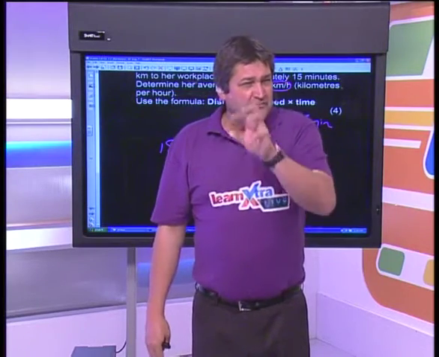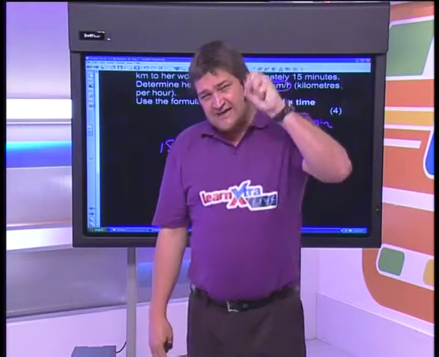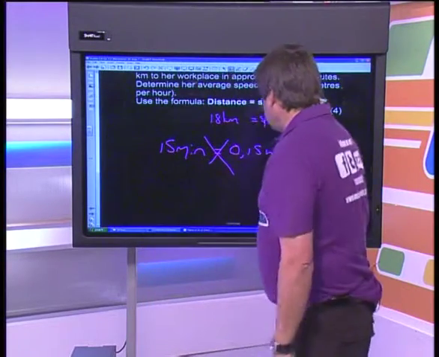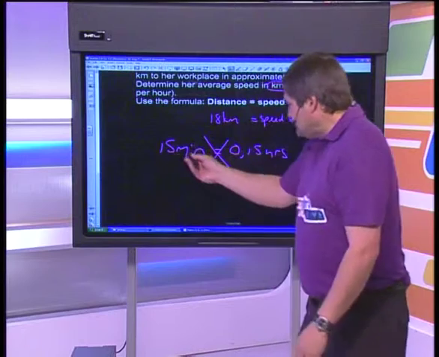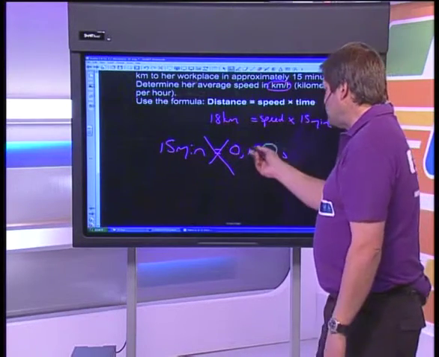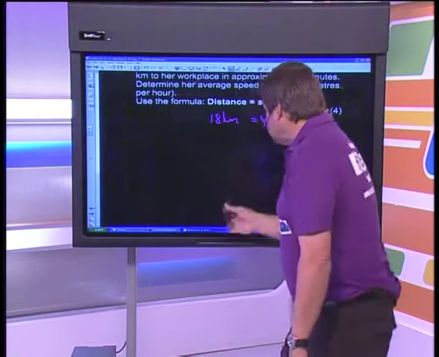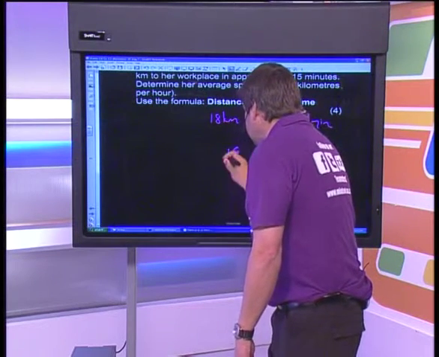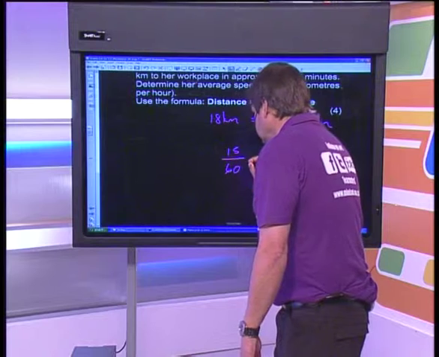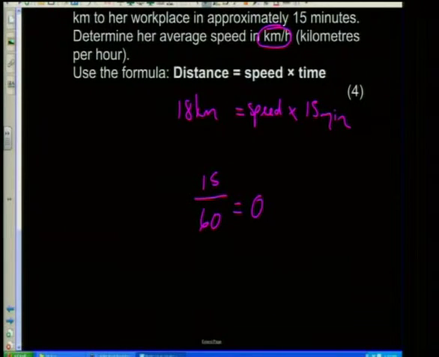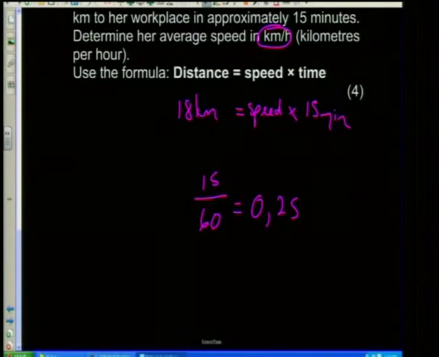So to convert minutes to hours, we've got to take the number of minutes and divide it by 60. You cannot say 15 minutes is 0,15. Instead, we should be saying 15 minutes over 60. When we do that on our calculator, we get 0,25, because 15 minutes is a quarter of an hour.